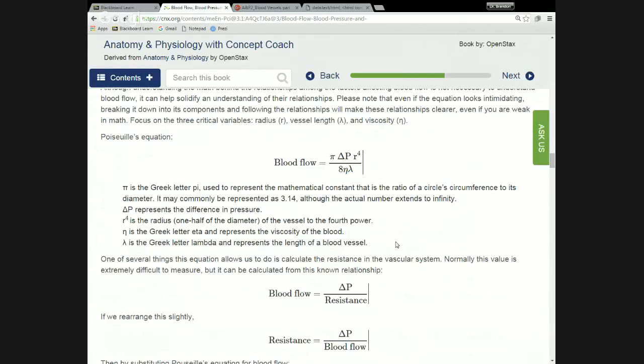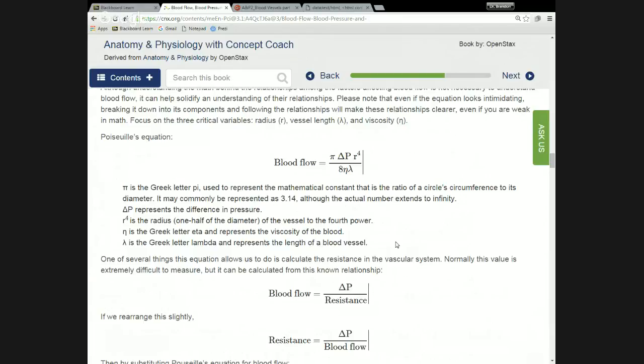So down below this, it defines what all these things are. Pi, you're probably familiar with. It's a constant, 3.1415, yada, yada, yada. It's a constant that we use when we're doing geometry involving circles, and we're assuming the cross-section of a blood vessel is a circle. Okay.